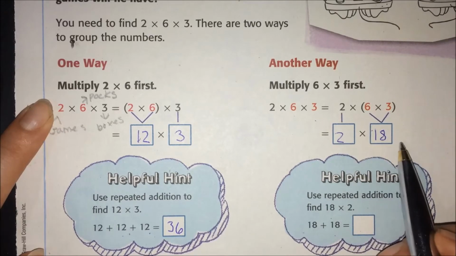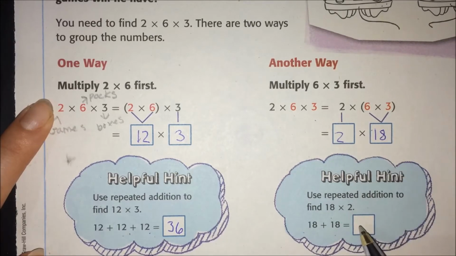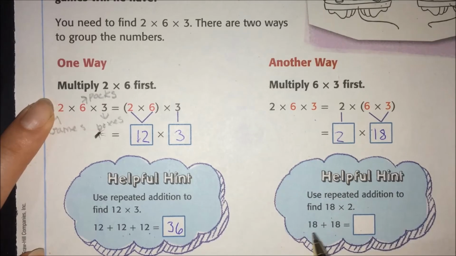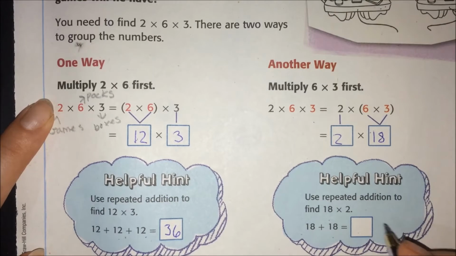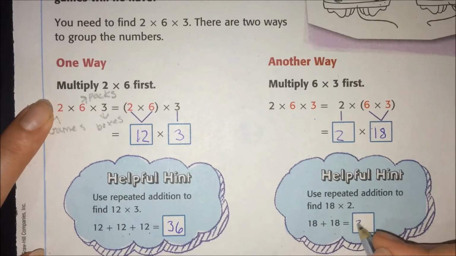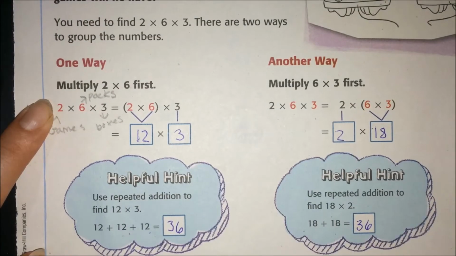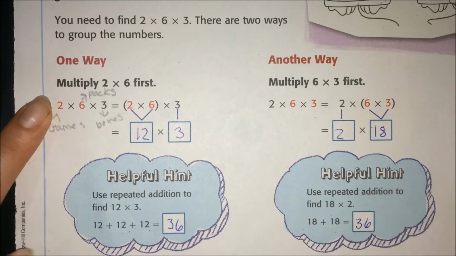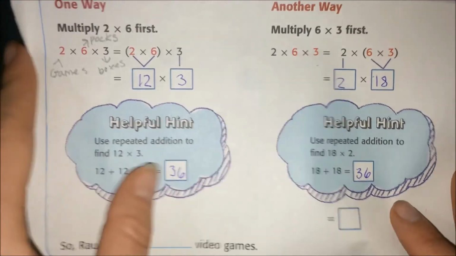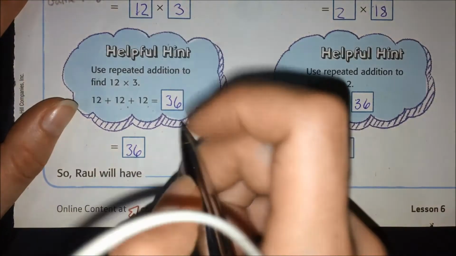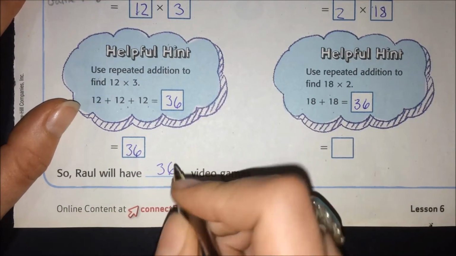And I know that 2 times 18, or 18 plus 18, is still going to equal 36. So, Raul will have 36 video games.